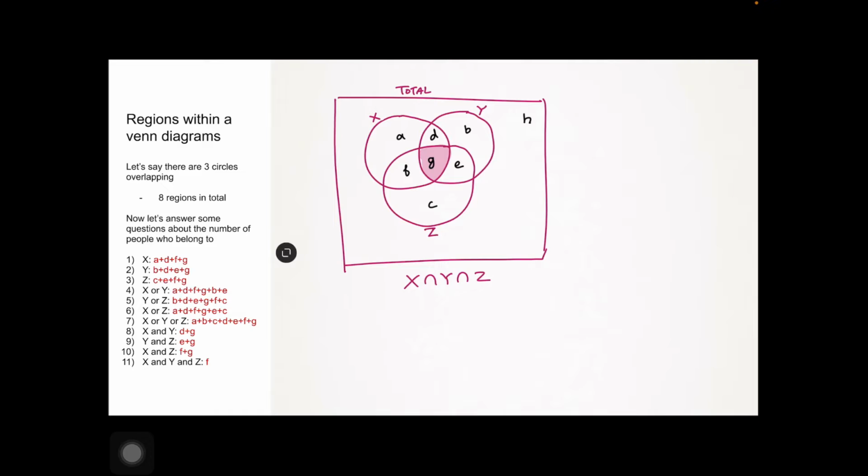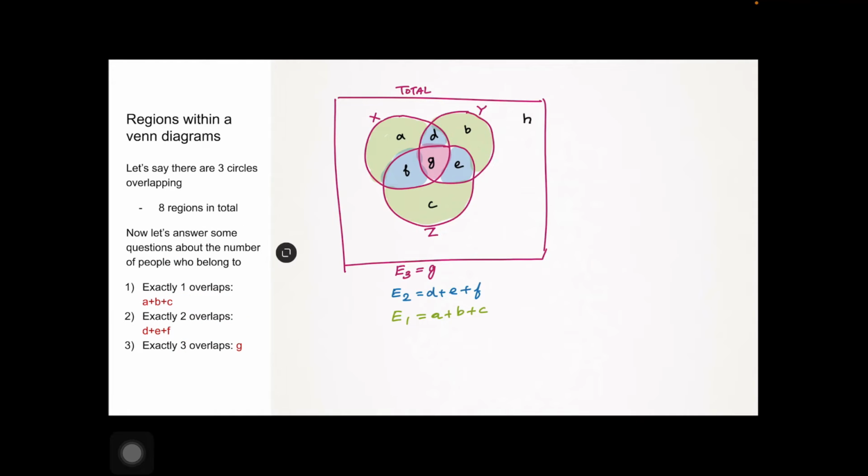Now we will focus on people who belong to exactly one region, or exactly two regions, or exactly three regions. Okay. Now if you focus here, what are these green regions? Green regions are the regions which belong to exactly one circle.